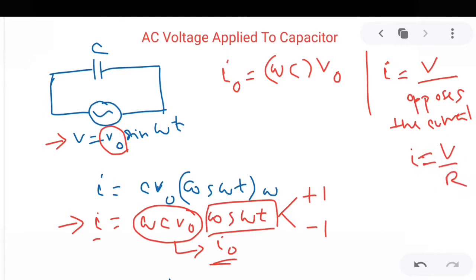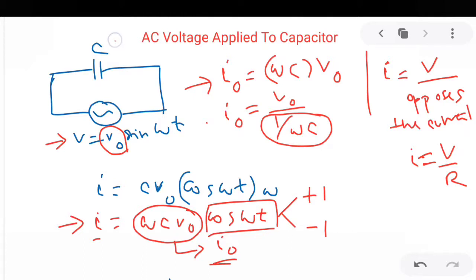So I can write this equation as I₀ is equal to V₀ divided by 1 by ωC. So that means this denominator 1 by ωC is the term which opposes the current, the alternating current. So this term 1 by ωC is the term which opposes the alternating current in a circuit with a capacitor.